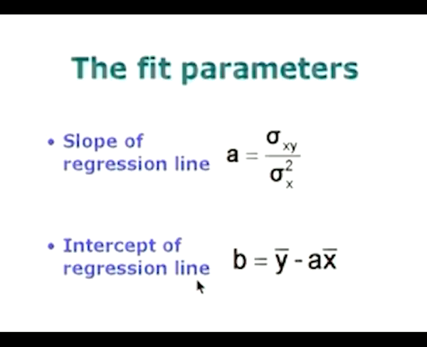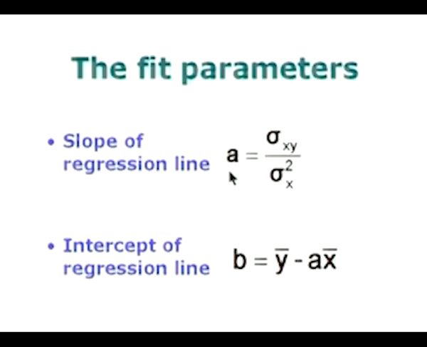So the intercept can be obtained by noticing, as we just did now, that y bar and x bar is a point on the straight line or the regression line. So we can say that b equal to y bar minus a x bar, and a is already obtained here as the slope given by sigma xy divided by sigma x squared.